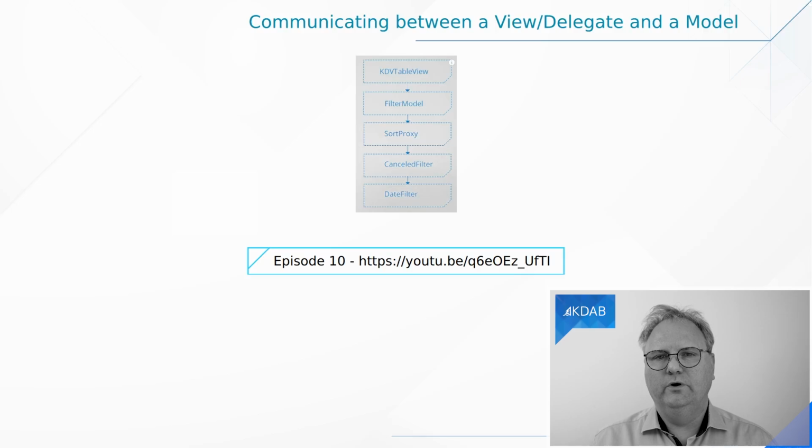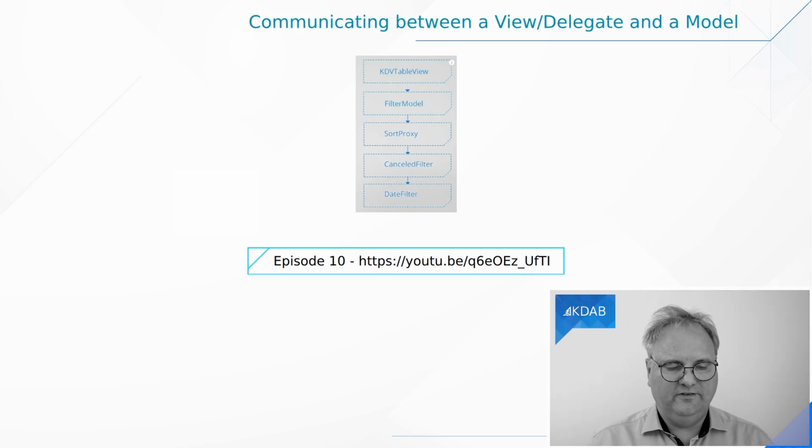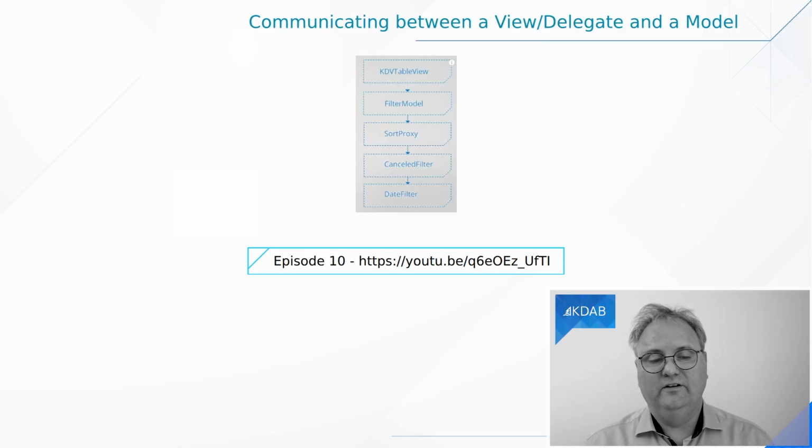This is custom roles, and I have an example here where I go from my KDAB table view into a filter model, from there into a sort model, into a cancelled filter, into a date filter, and finally, and we don't even see that here in the screenshot, into the actual model. But it's a good example of a real world experience of model view. Episode number 10.